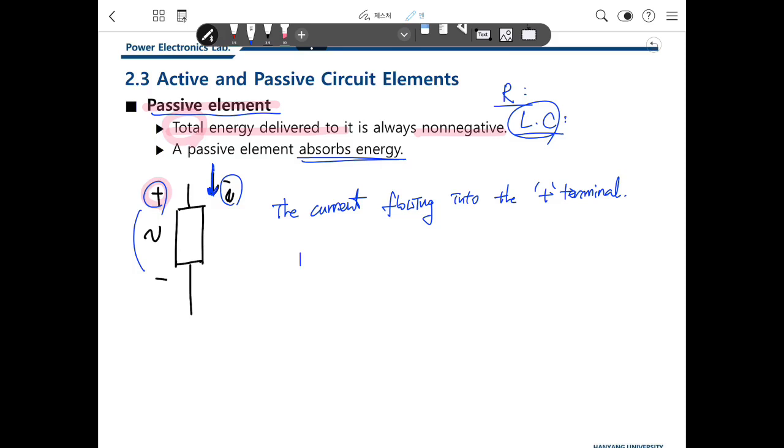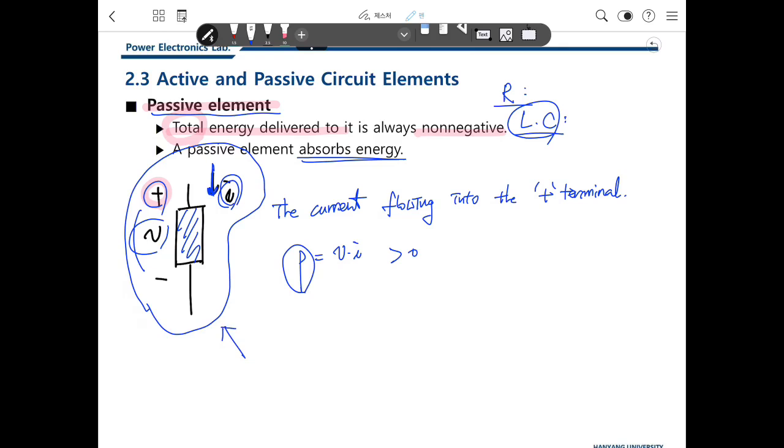So then power, what is that? Power is V multiplied by current. Then we define the direction of voltage and current in this way, and that will be positive. That means the power is absorbed by this device. So this way of choosing directions is called the passive convention.